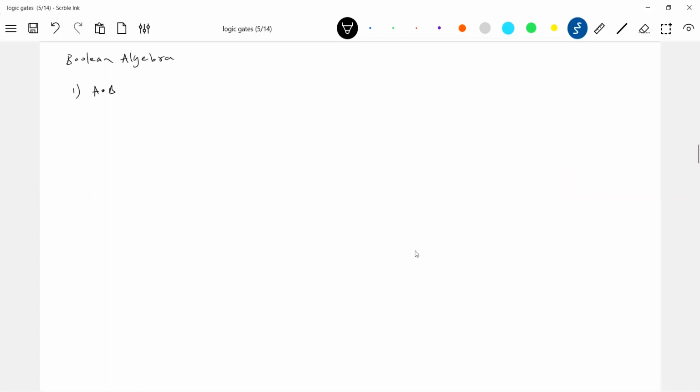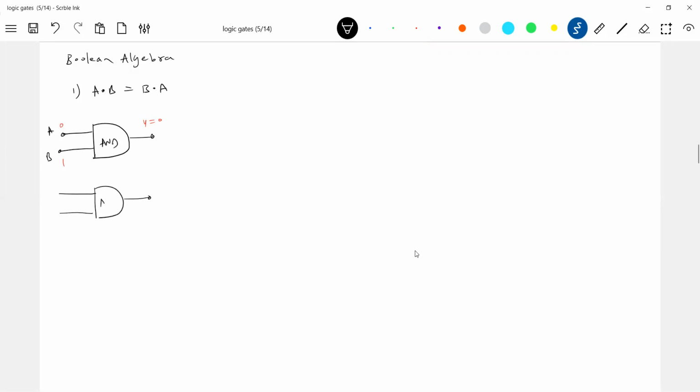A dot B is equal to B dot A. So what actually is it? If you take a gate, this is A, this is B. Keep it here. I say these both are equal. So you can give input like this, 0, 1. What do you get as output? 0. And you can also do like this. Now what is this gate?